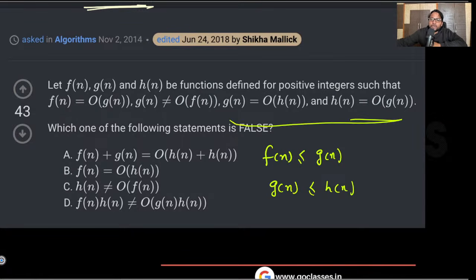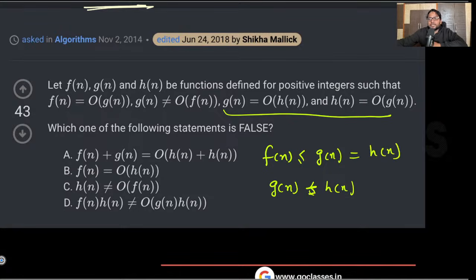So using these two, you can definitely say both are theta, right? So this is the relation that they have given. They are saying Gn and Fn are related like this, and they are not related like this, which means that theta is not possible, right?